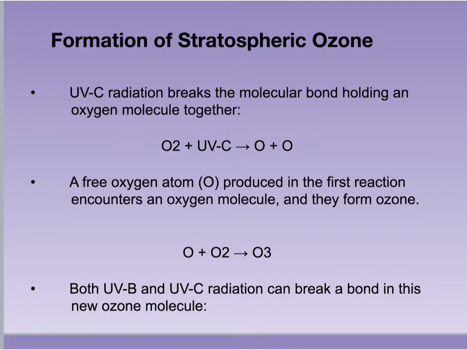Both UVB and UVC radiation can break a bond in this new ozone molecule, forming molecular oxygen and a free oxygen atom once again. I just realized that equation's not on here.